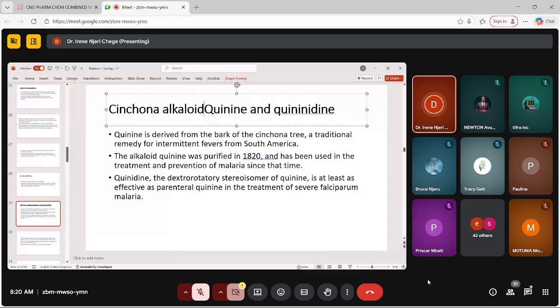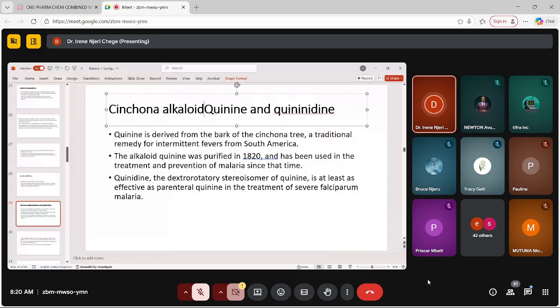So these drugs, after oral administration, reach the peak in 1 to 3 hours. There's a loading dose. The PK, pharmacokinetics, of quinine varies among populations. Now, individuals with malaria develop higher plasma levels of the drug than healthy controls, but toxicity is not increased.